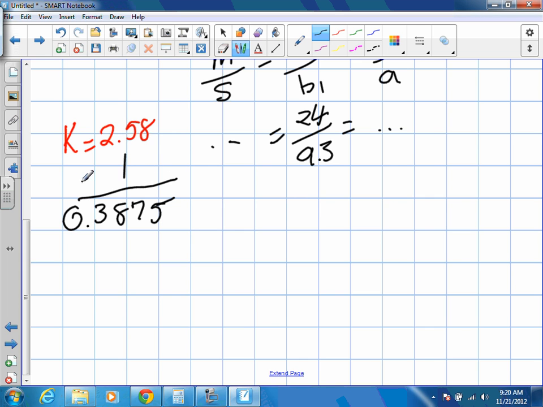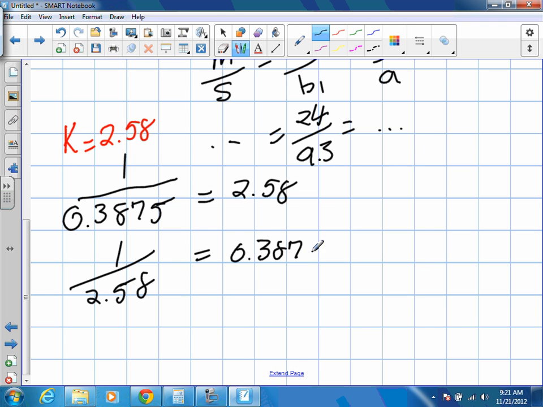Or, if I were to take 1 divided by 2.58, I would get 0.3875. Both are scale factors, but each of them represents going from a different triangle to the other. So this one represents going from the large triangle to the smaller triangle. This one represents going from the smaller triangle to the larger triangle.